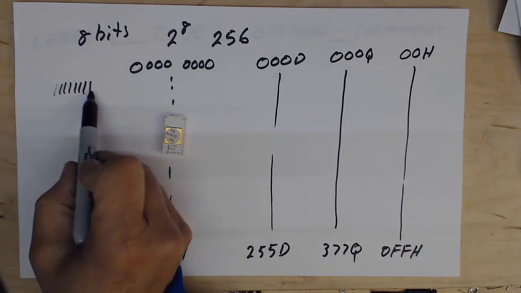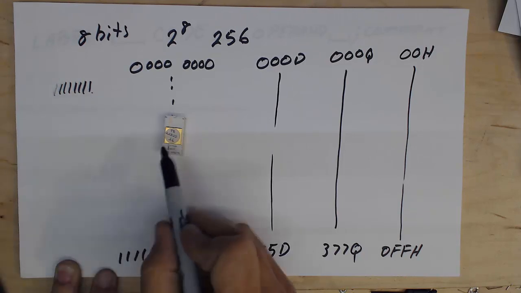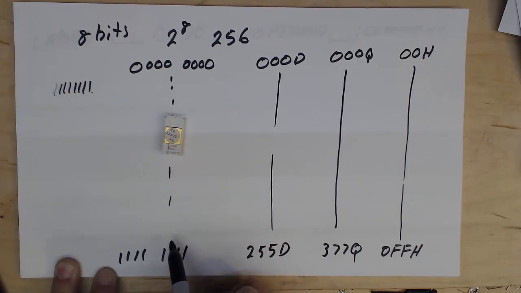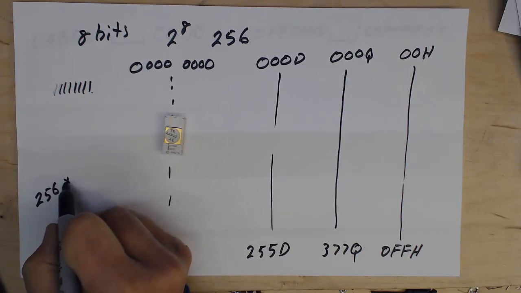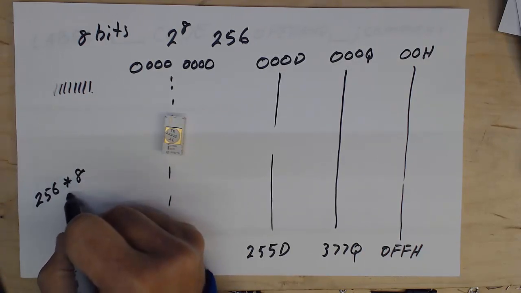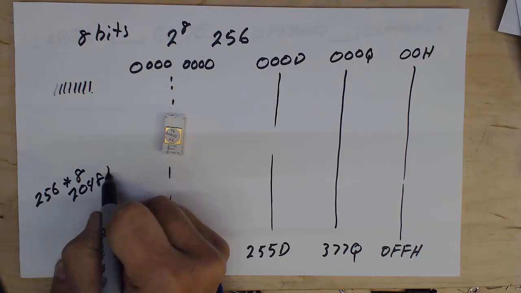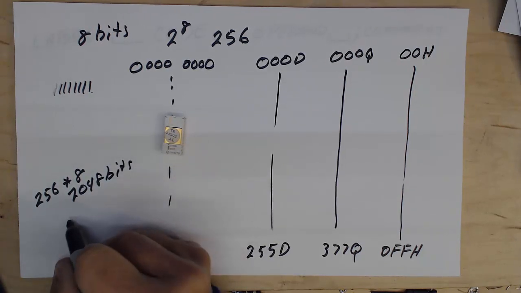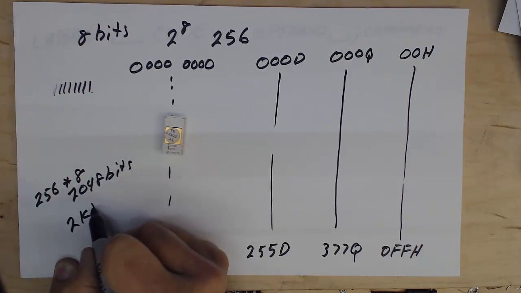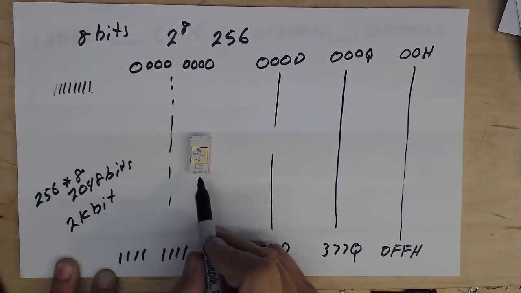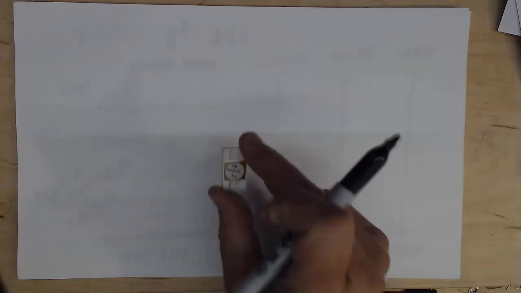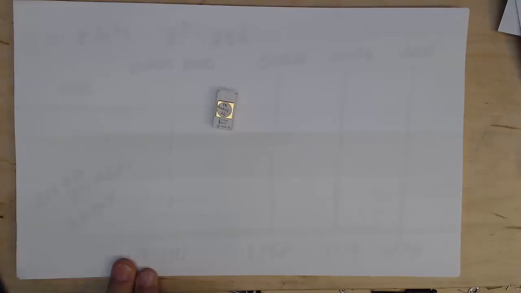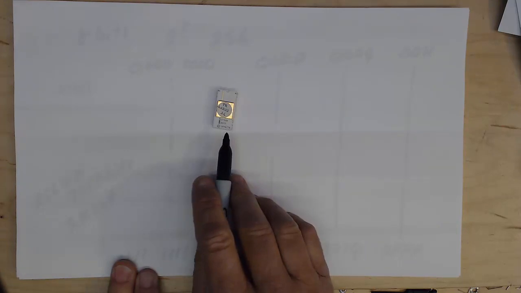Since we have 8 bits wide and 256 locations long, the total number of bits in here is 256 times 8, or 2048 bits, which we would call a 2K bit EPROM. So this holds 2 kilobits. Okay, in our MIL-MOD, how do we address this? Well, we have 14 bits worth of address.